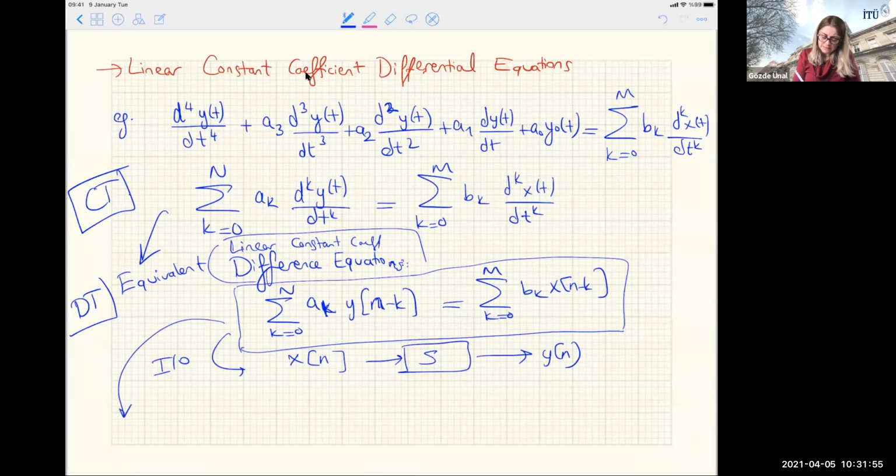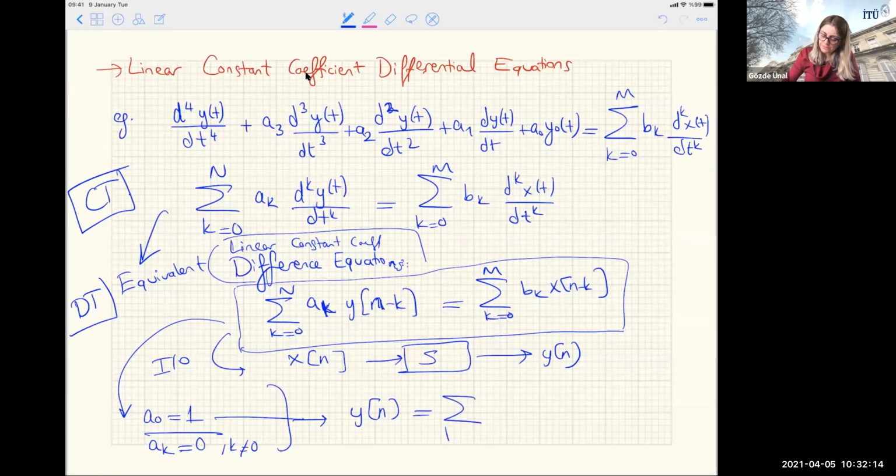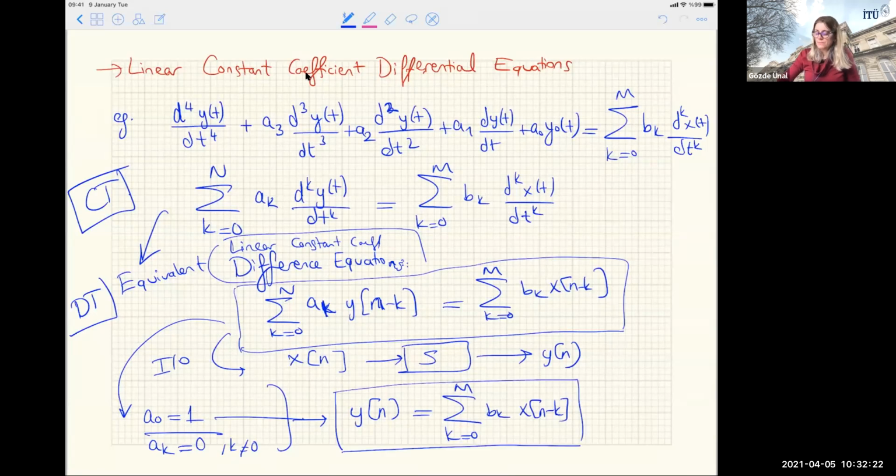In this course, at least, we cover a0 equals 1, all other ak are 0 when k is not 0. This leads us to, when a0 is 1 and k is 0, y of n is equal to the sum k equals 0 to m of bk x of n minus k. It leads us to this finite impulse response system, at least with this IO relation or IO equation.